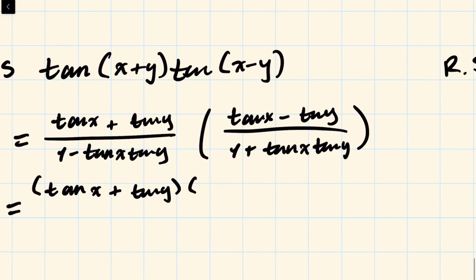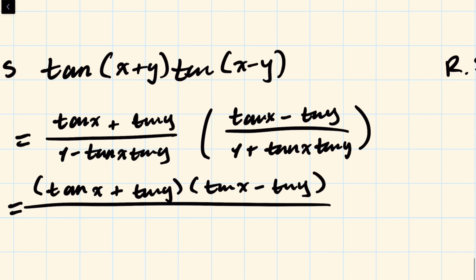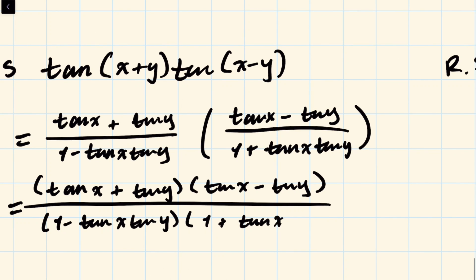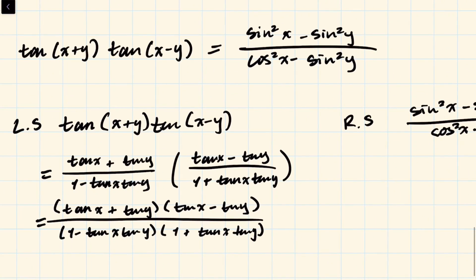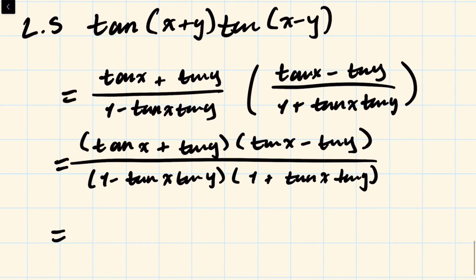Tan x plus tan y, that's all being multiplied by tan x minus tan y, over 1 minus tan x tan y, 1 plus tan x tan y. Now right now it kind of looks like we're going nowhere. We've only gotten more messy, but I promise it'll get better.